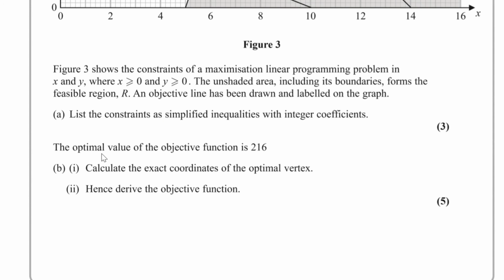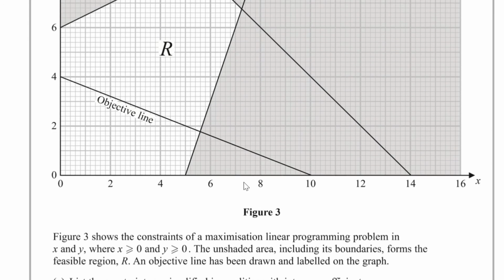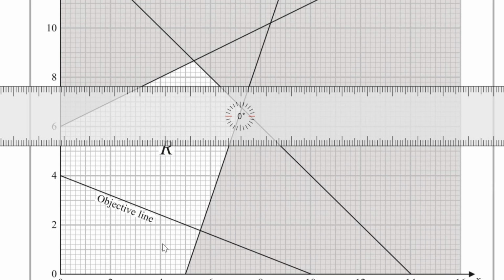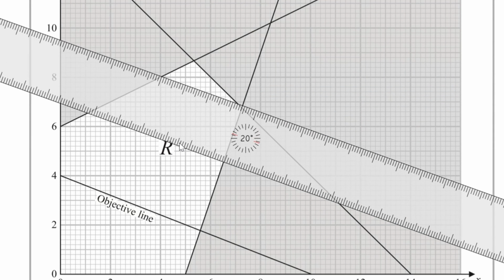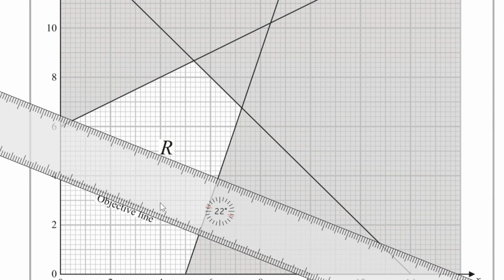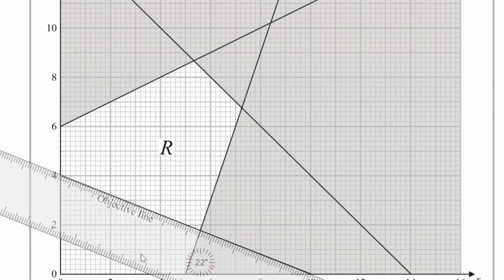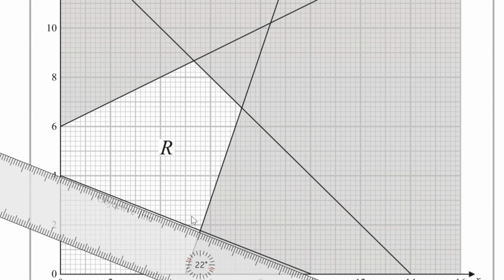For part B, the optimal value of the objective function is 216. We have to calculate the exact coordinates of the optimal vertex. So what we can do here is use the ruler test to find out where the coordinate first lies.